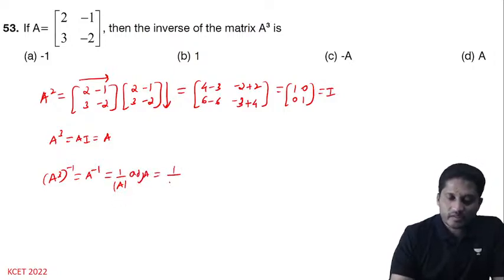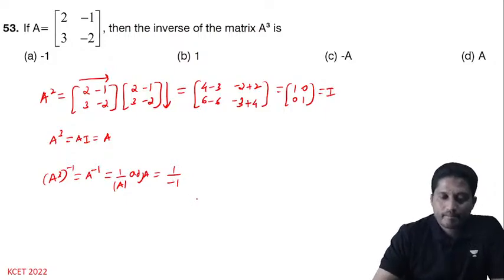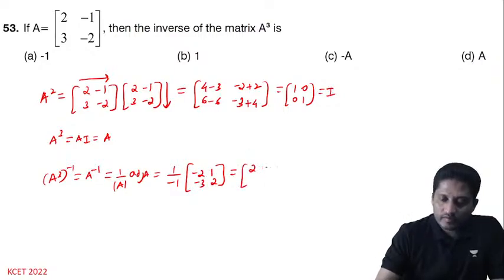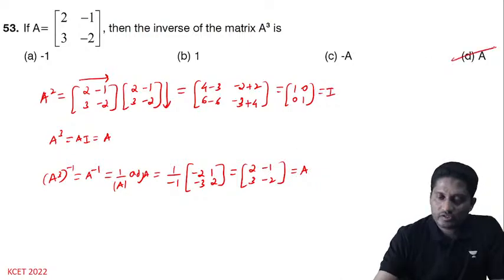Determinant a is minus 1, right? Yes, determinant a is minus 1. Adjoint is, interchange the diagonal elements and change the sign of other elements. If you multiply minus inside, you will get 2 minus 1, 3 minus 2, which is same as a only. Answer is option D.